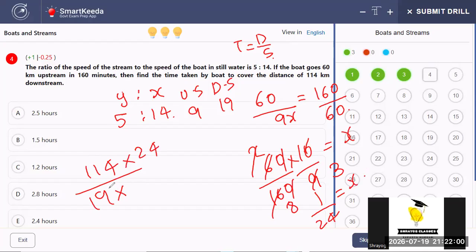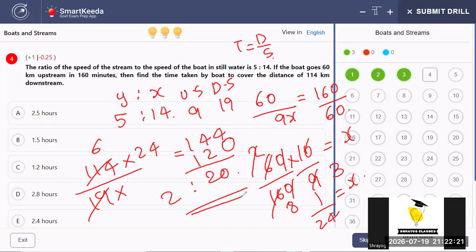So 19, 6 are 24. 2 are 20 minutes. 20 minutes is 1 by 3. 2.33 minutes. Okay.